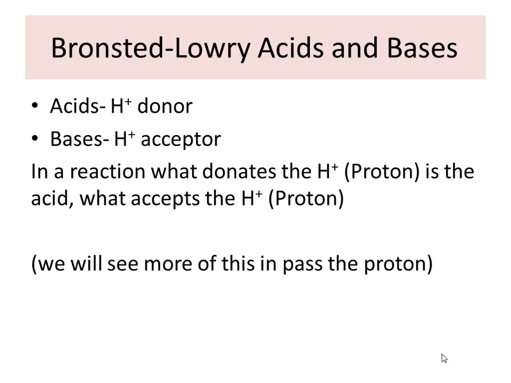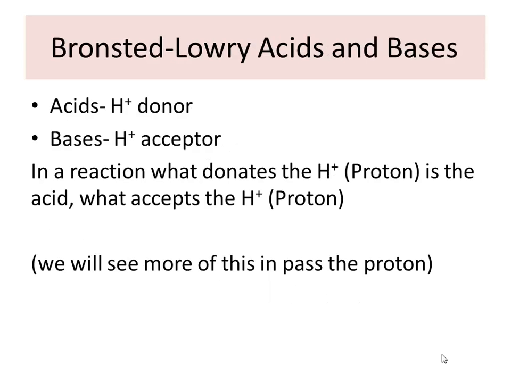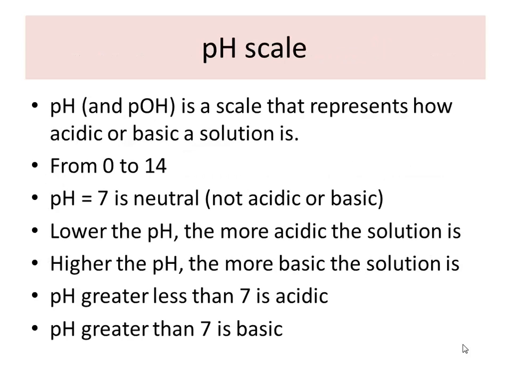The Bronsted-Lowry definition of an acid and base is referring to a reaction with another substance. So that's how it's a little bit different, whereas this Arrhenius definition is a simpler definition, which just talks about the substance. We should have a better understanding of that after next class, so we'll just review it later.